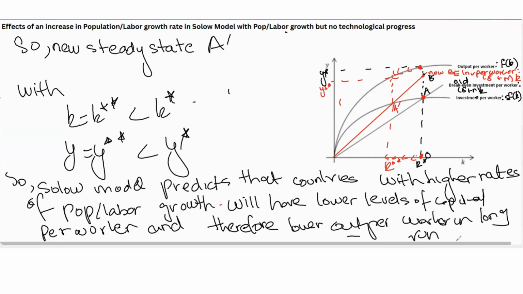Steady state is the long run outcome of the Solow model. So what the Solow model predicts is that countries that have higher population or labor growth rates will have lower levels of capital per worker and therefore lower output per worker in the long run.